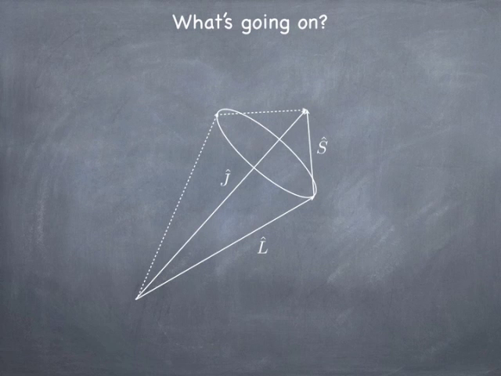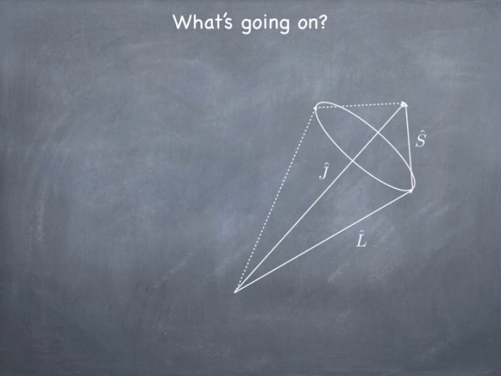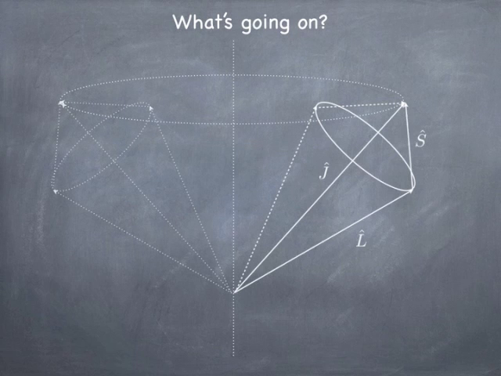So the idea is J, the total angular momentum, is conserved. Neither L nor S are conserved, and so you can think of L and S as sort of precessing around the vector J. And in the presence of the magnetic field, of course, the vector J is going to precess around the magnetic field, but S and L precess around J. So the precession of S and L around J is due to the spin-orbit coupling.